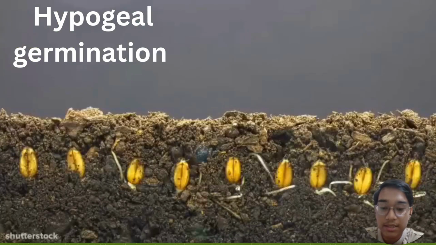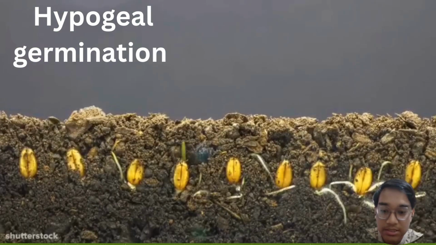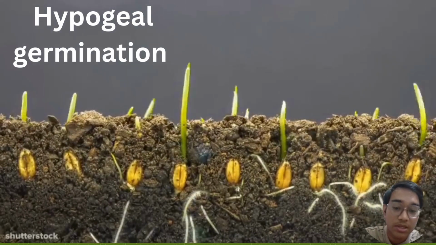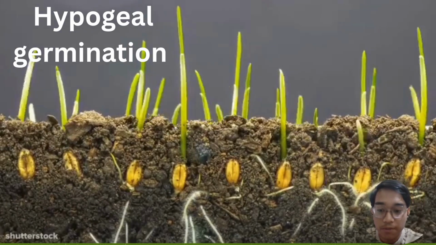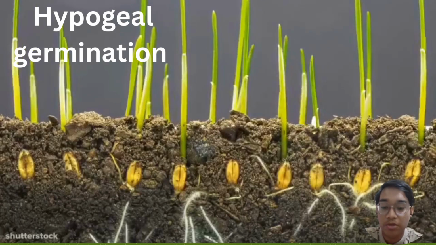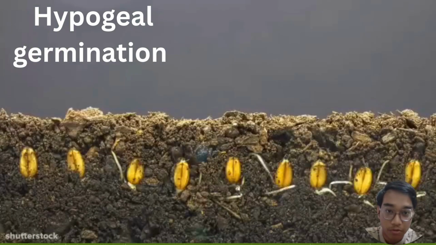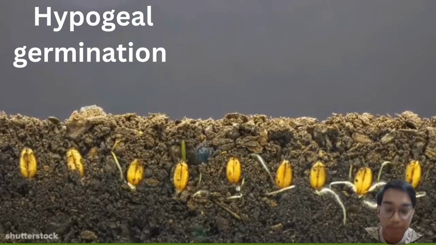But the hypocotyl does not push the cotyledons upward. Instead, the epicotyl grows and brings only the young shoot above the soil. So the cotyledons remain safely underground and provide nutrient food for the developing plant.